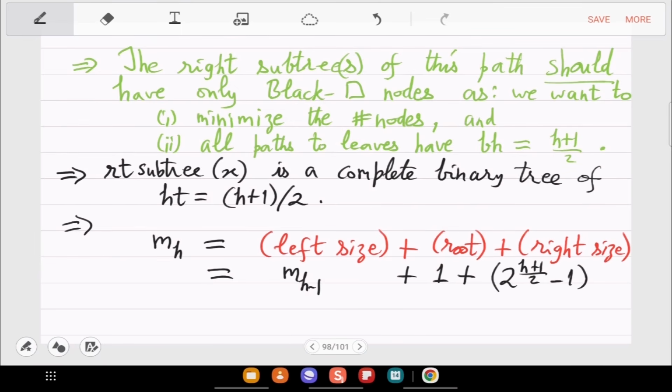But I don't like this recurrence. Something is wrong in this. Say that again. The part what?